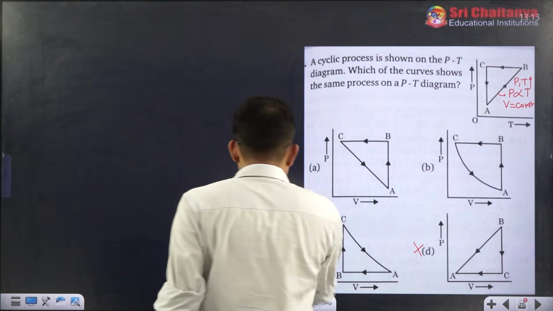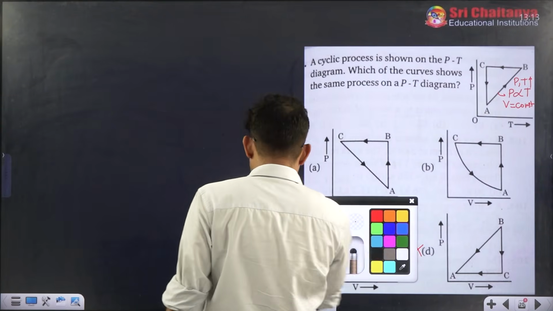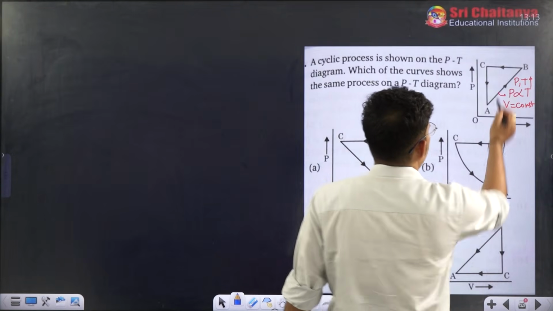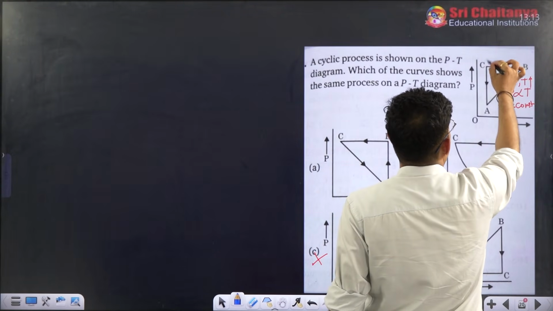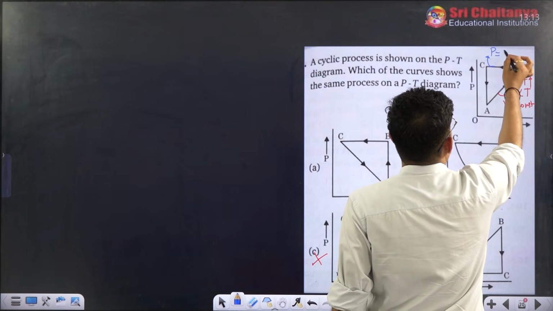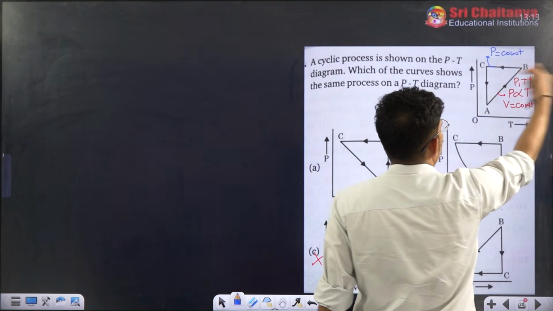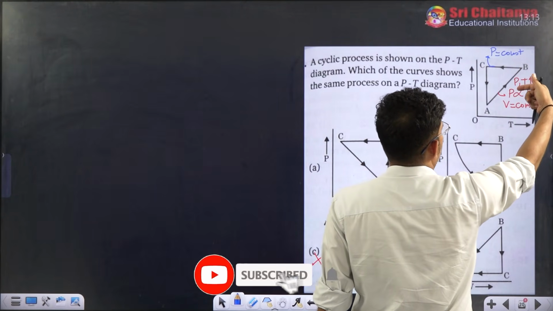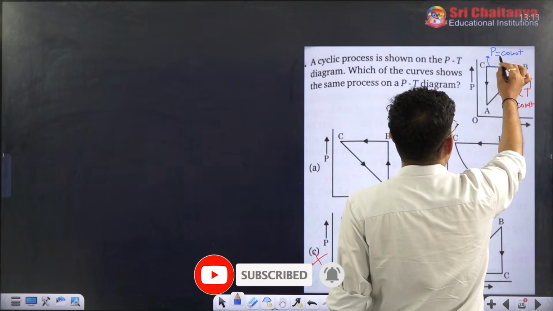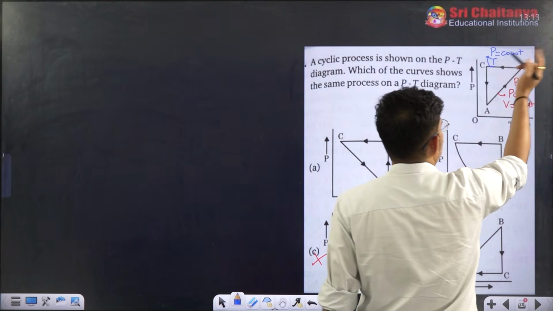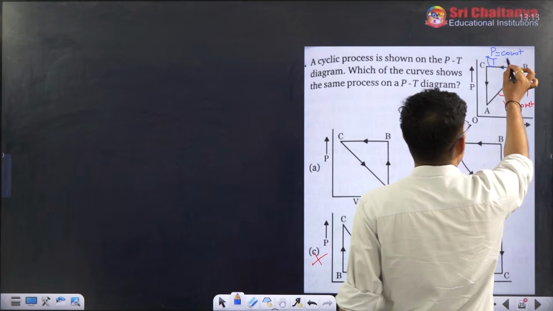Now let's see the next process. Next process, if we select over here, which is BC. What is happening in BC? Here what is constant? Pressure constant. In this process, pressure is constant, and what is happening to temperature? Pressure is constant, temperature is decreasing. So when pressure is constant, temperature will be directly proportional to volume.